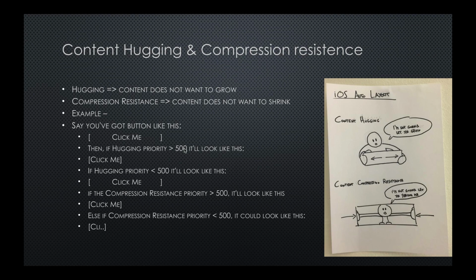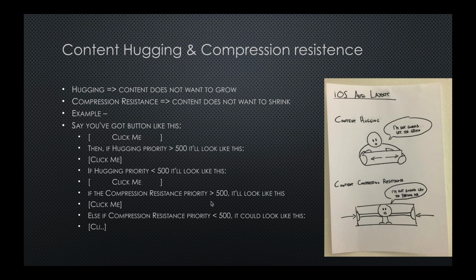So here's a small example. Let's say you have a button and you have this much space, and then you set the content hugging property to 500. It means you're saying that you don't want it to grow, so it will become just "Click me" and all the extra space will go away. When you set the content hugging property to low, it will stay the same and you'll have the space.